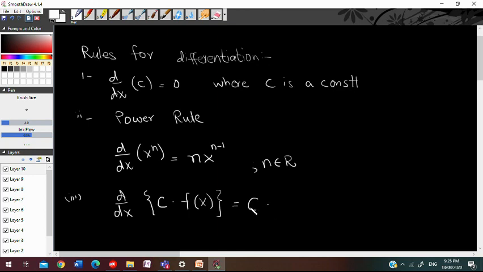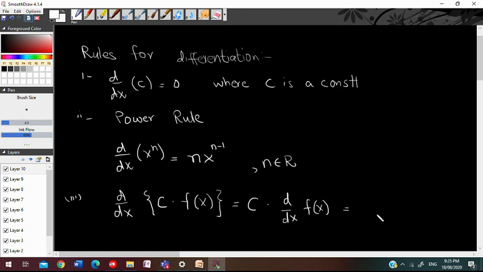If I write c over here and then d by dx of f of x, because actually I'm calculating the change of this function, and the change of c cannot be calculated. So I write it like this, because we are concerned with this function.